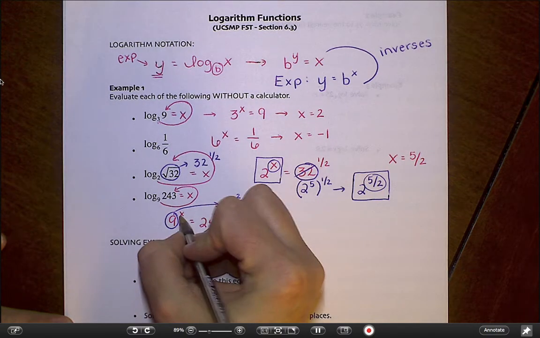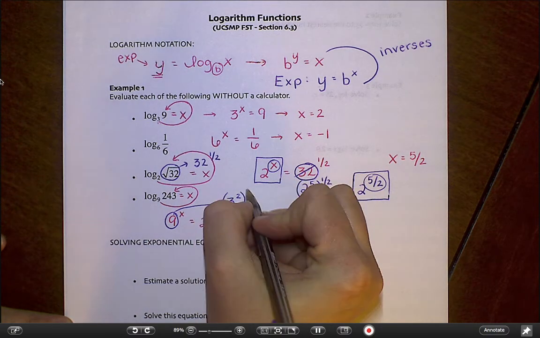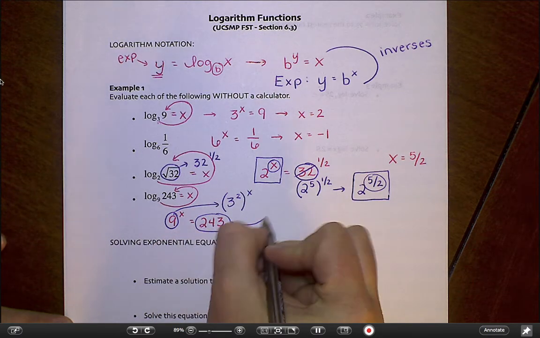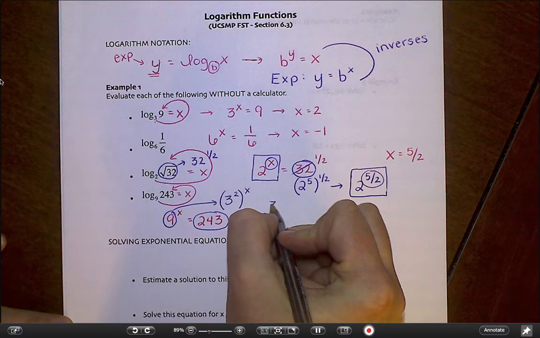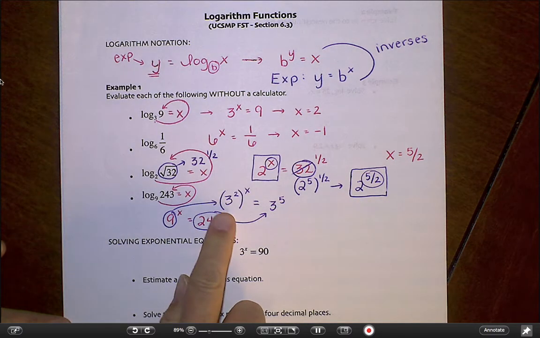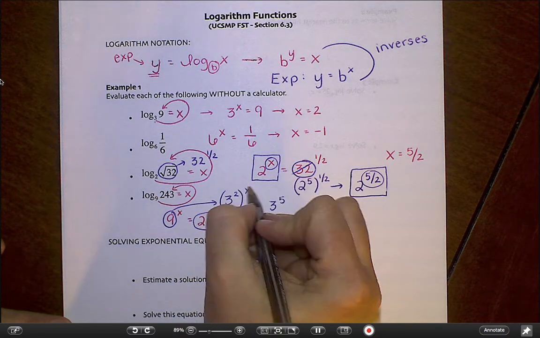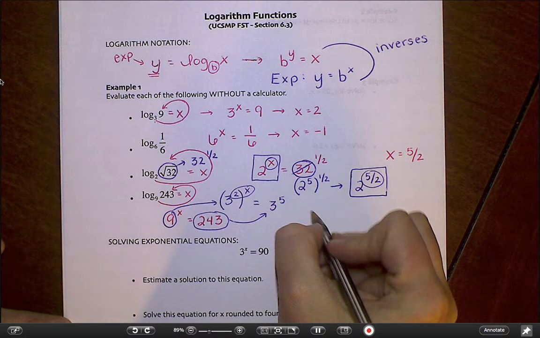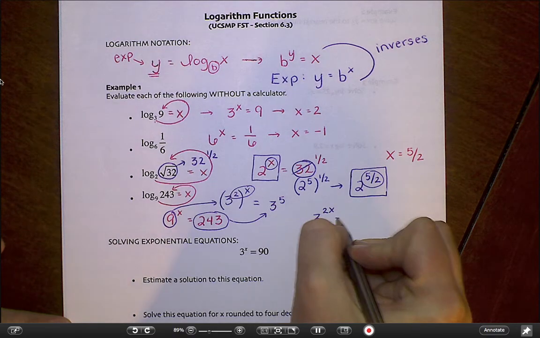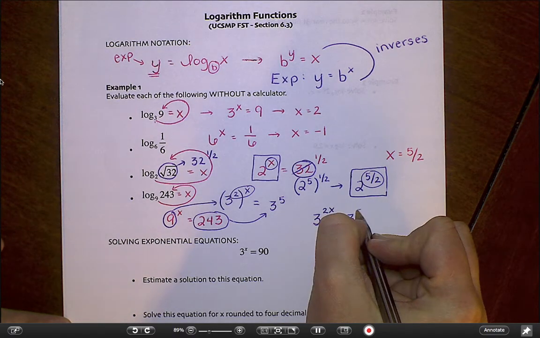And then it also has a power of x on it. And I can write 243 as a power of 3. That's 3 to the 5th power. So what I have now, and let me just rewrite this off to the side, I'm going to go ahead and put the 2 and the x together. I have this. 3 to the power of 2x equals 3 to the power of 5.